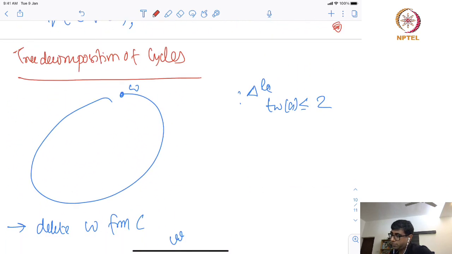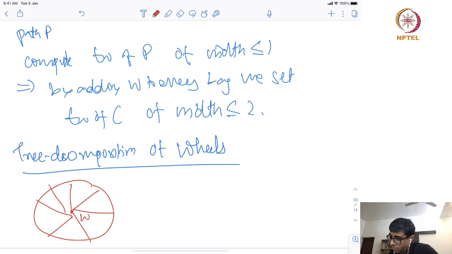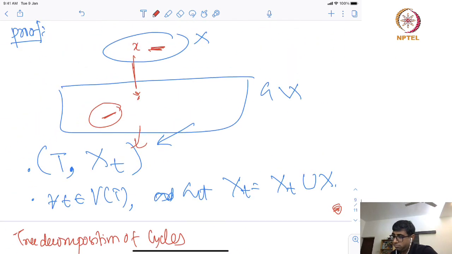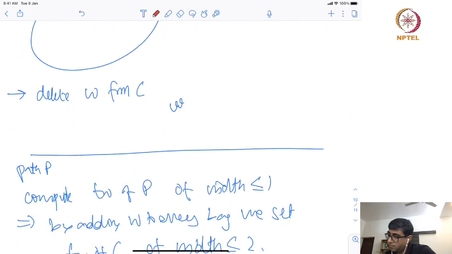Tree decomposition of cycles has width at most 2, and suppose this is W, delete W, what are you going to get? A cycle. So the tree width of wheels is at most 3, because 2 here and you added 1 from here. So look at how interesting this lemma is.